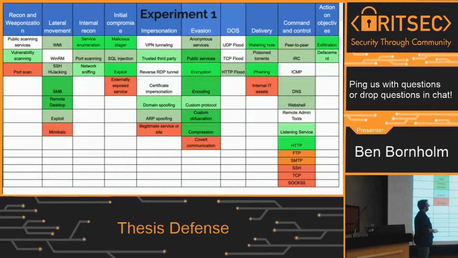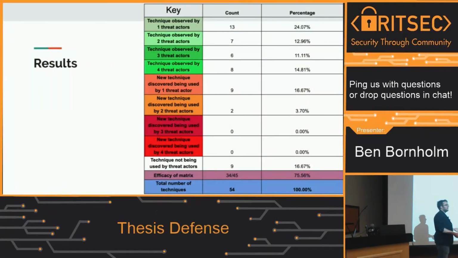So I'm going to skip to the next slide to show you the results and then flip back. So here's the key and the color breakdown. Everything in green, starting here at the top, this color green, at least 1 threat actor used that particular technique. And this color shows that at least 2 threat actors used it, and so on.